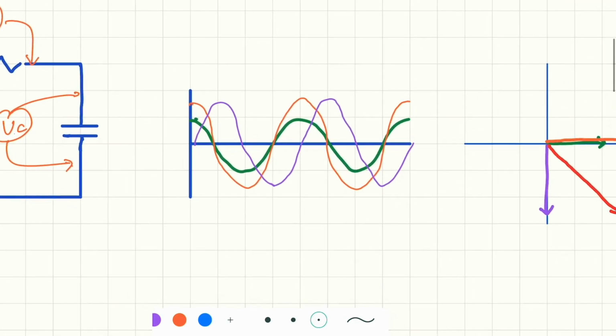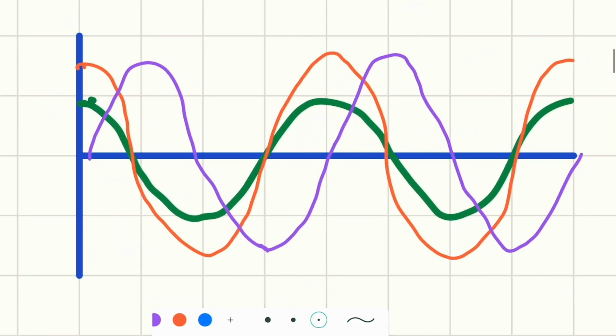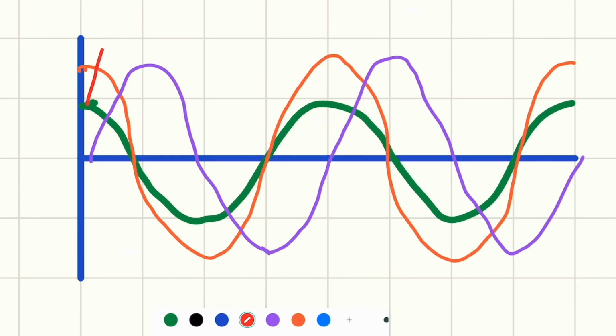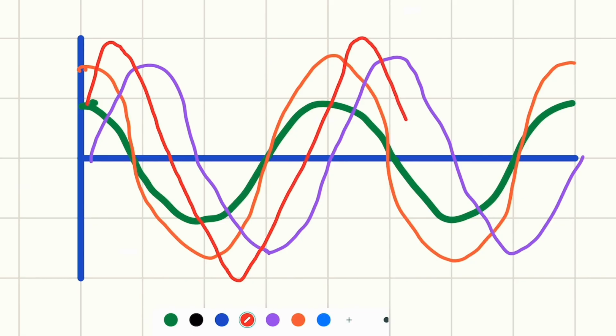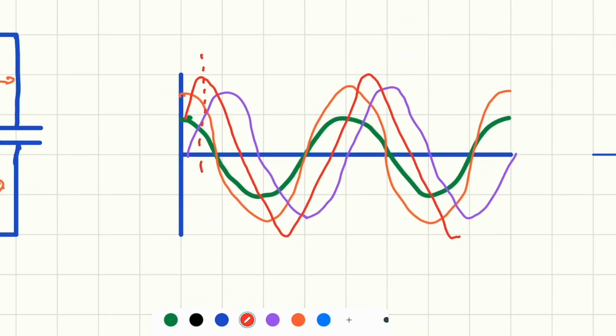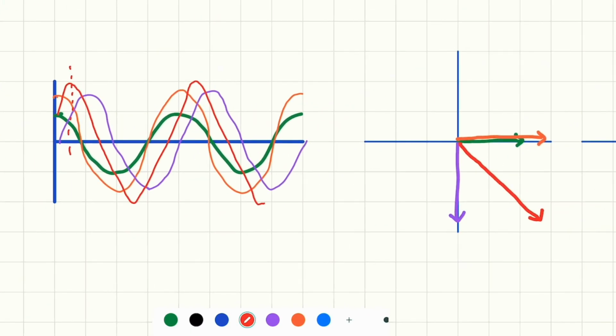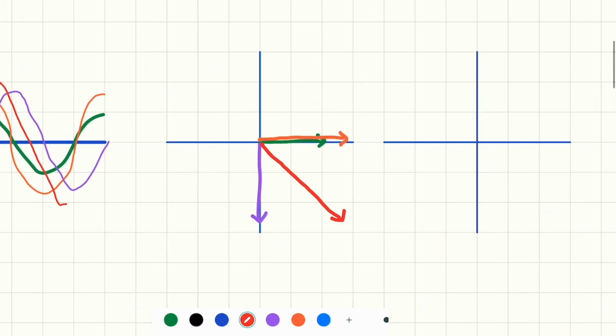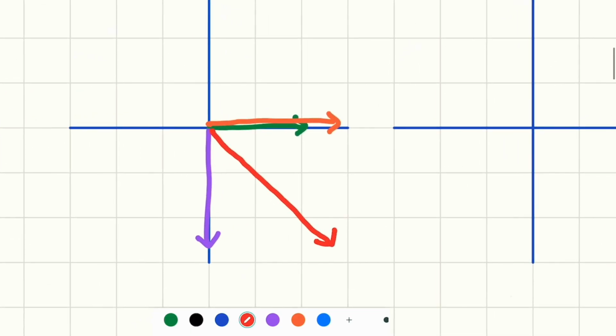So in terms of the drawing in the time domain, this is what you will find. And this is in between. Now you can see that's why engineers prefer to represent all this in a phasor. So the phasor is very clear.